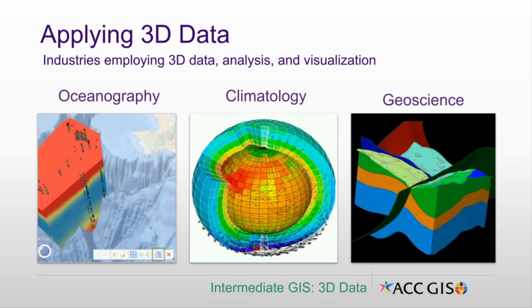Of course, the climate is a very three-dimensional world, and we can use 3D GIS to analyze and visualize what's happening to our climate. And then, of course, geoscience utilizes 3D GIS to look at the subsurface environment, fault lines, geologic formations, potential energy production, volcanic activity. 3D GIS allows us to study and understand this data in a way that wouldn't be possible in a 2D environment.